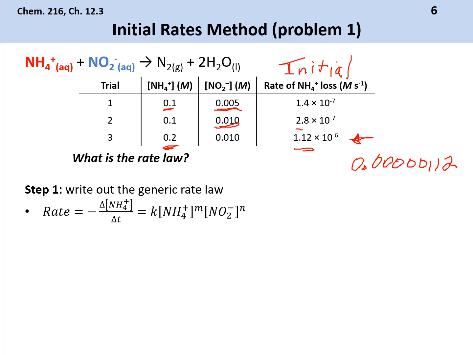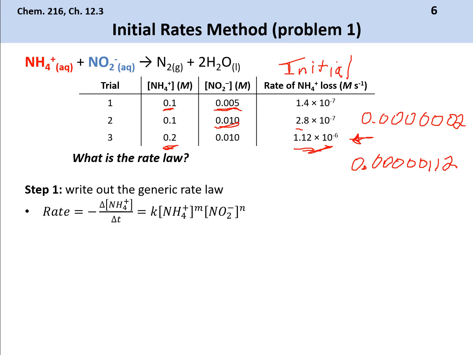Whereas this one would be 0.0000002. Notice this is a bigger number because it's only 10 to the minus 6.